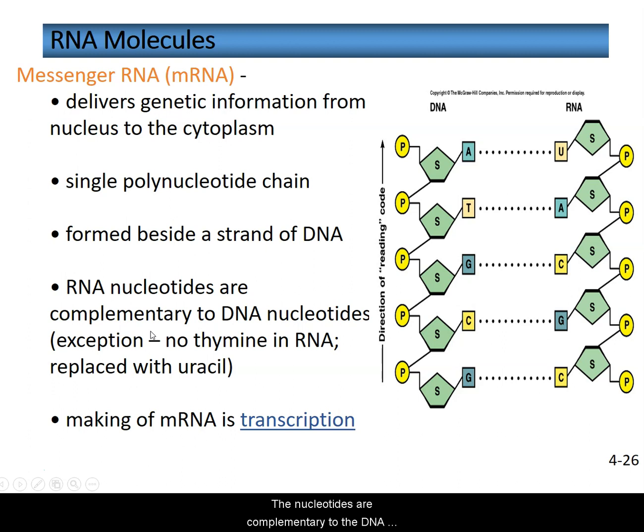The nucleotides are complementary to the DNA nucleotides. No thymine, you have uracil, and this process is called transcription. The DNA cannot leave the nucleus, but the protein is built in the cytoplasm. So messenger RNA can leave the nucleus and go to the cytoplasm attached to a ribosome so a protein can be built.